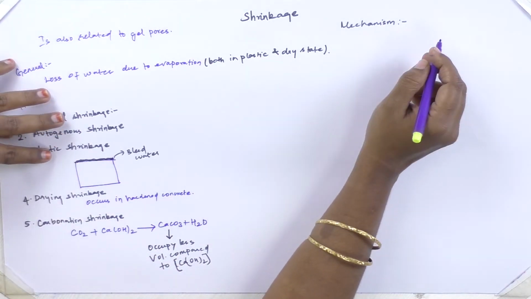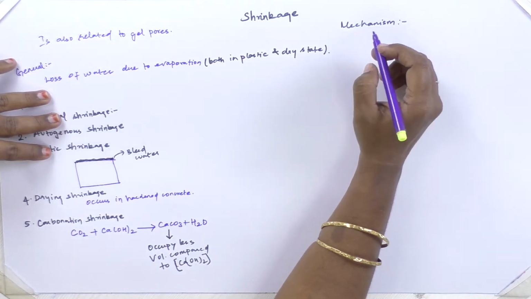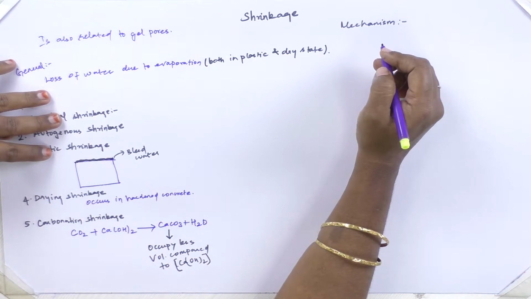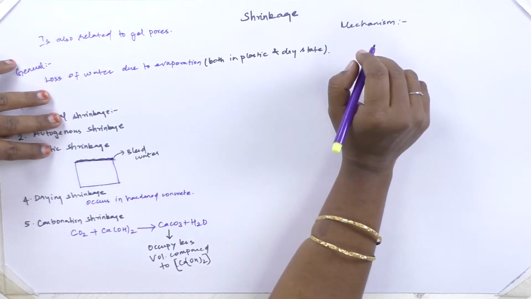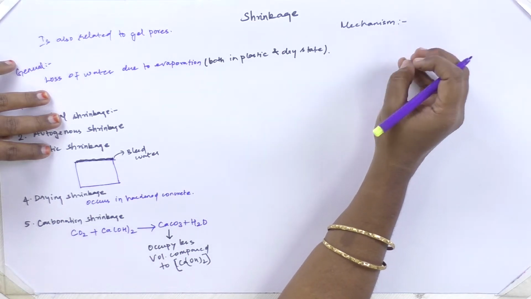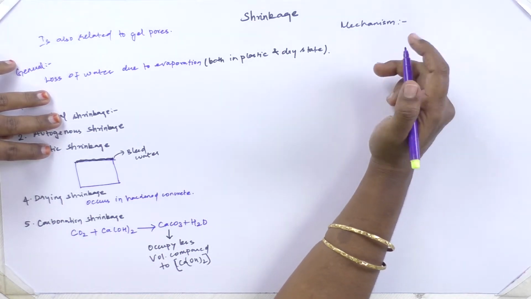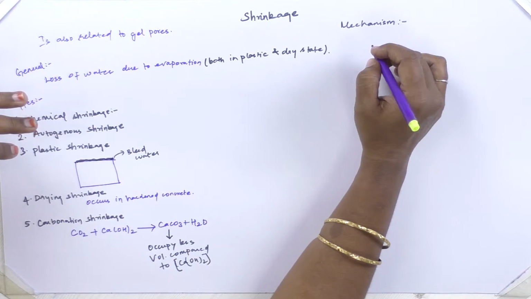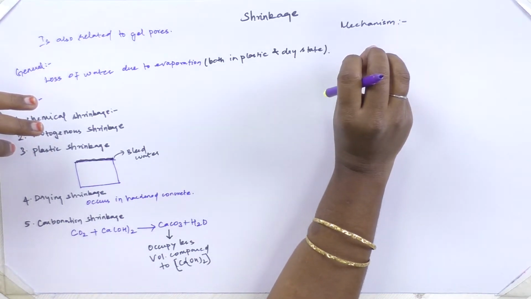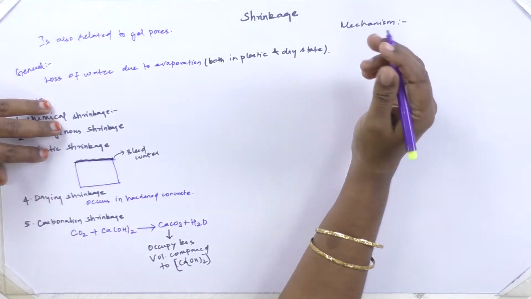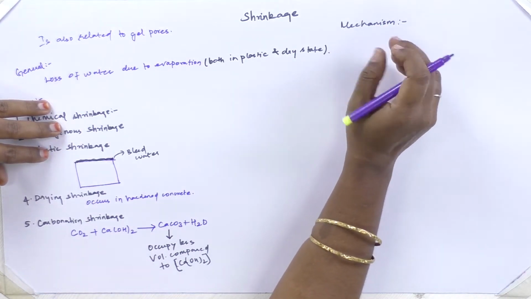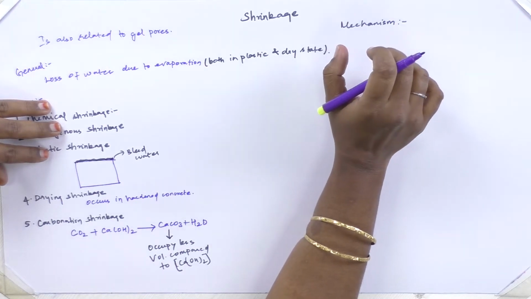And again, the mechanism of shrinkage is also unclear, but it is related to the movement of gel water, adsorbed water or interlayer water. The movement of the water from the gel causes a reduction in the volume of the gel, and that results in the shrinkage of concrete.